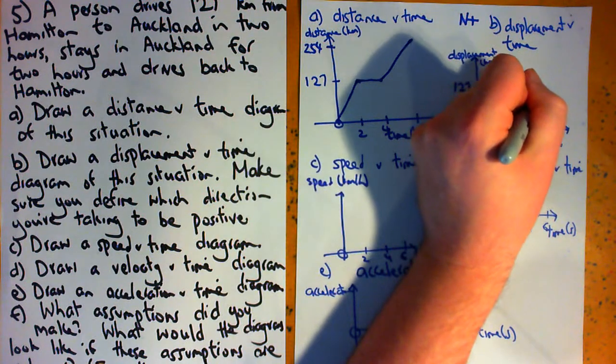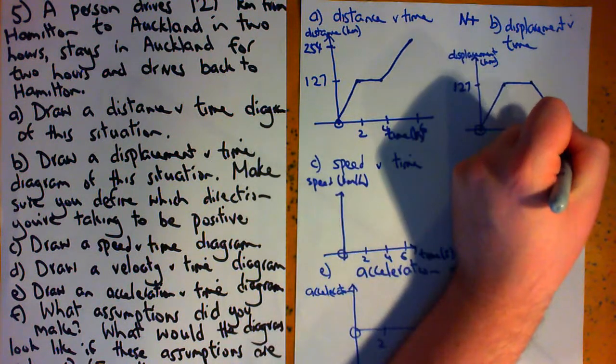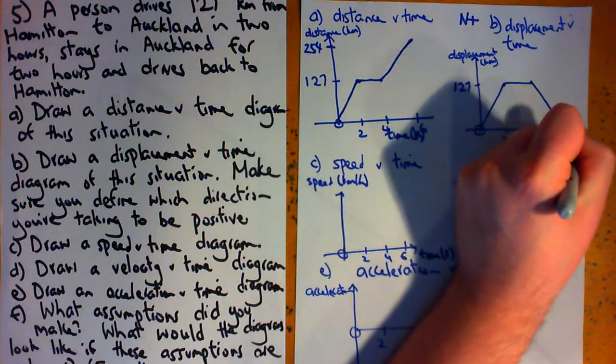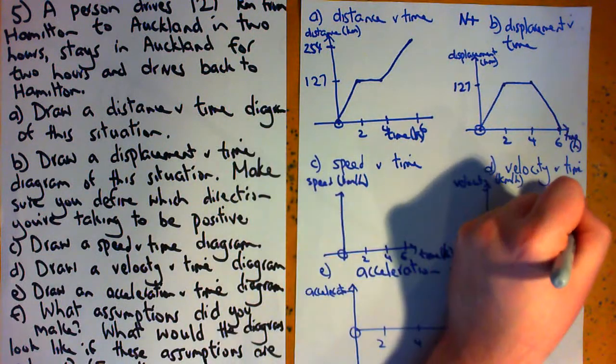So that will be what your displacement versus time diagram looks like. And also notice that the axes are labelled, and this should be labelled as well. So that's time in hours. All of these times are actually in hours for this question.